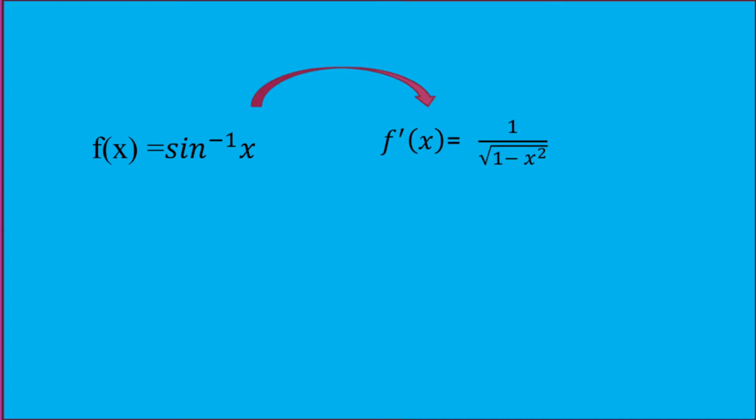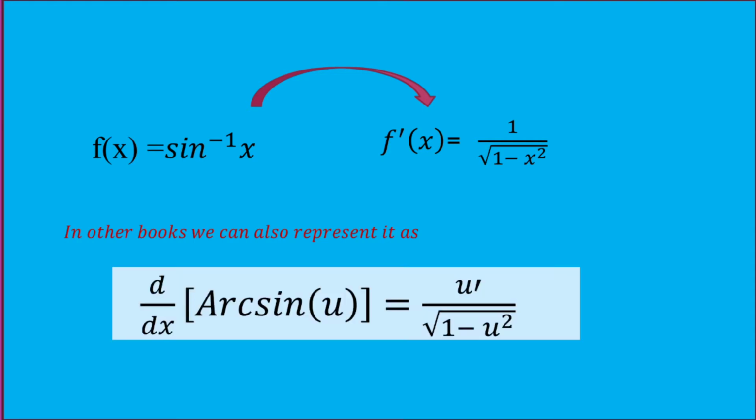In summary, the derivative of arcsine x equals 1 over the square root of 1 minus x squared. In other books, it is represented as the derivative of arcsine u equals u prime over the square root of 1 minus u squared.